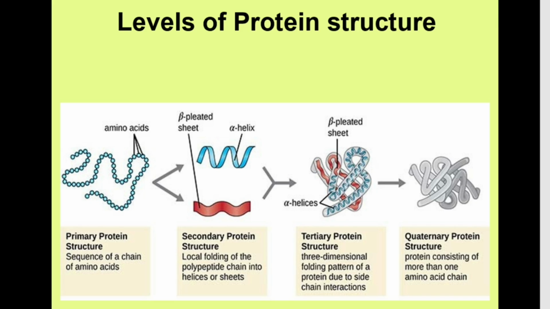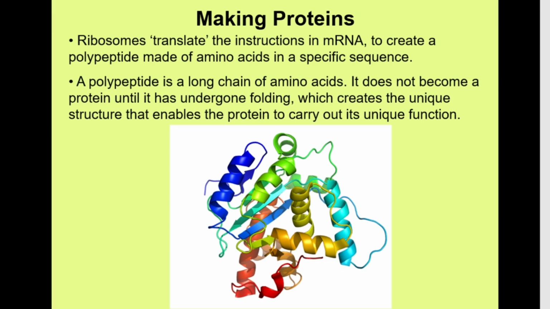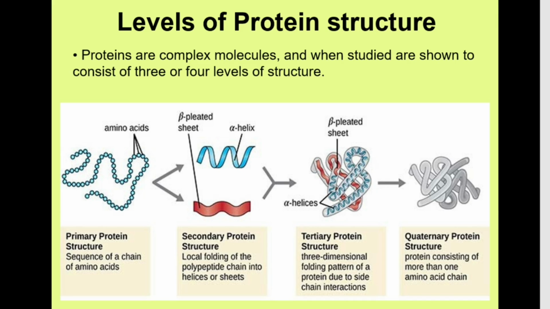And when we look at this complex three-dimensional shape of a protein, what we can see is that they are complex molecules, and they typically have 3 or 4 different levels of structure that appear within them. So when we take a complex three-dimensional protein such as this, when they're studied, we tend to find repeating patterns within them.